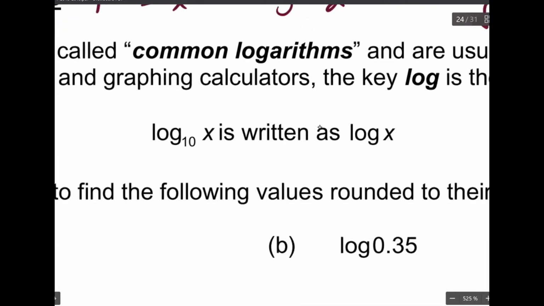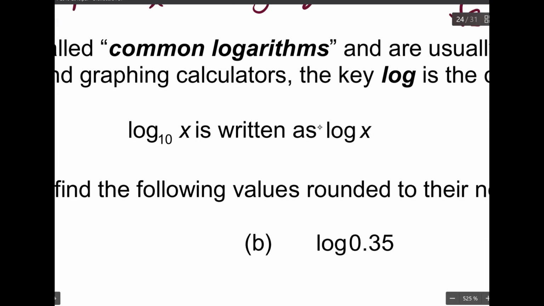So log base 10 of x is written as log x. Oh my god, where'd the base go? Oh, it's gone because it's the common one. What's an example of something that's common that we don't even think about? We don't write it. Do we have an example from real life? No? Here's an example. Everyone knows your left and right. So on the count of 3, everyone raise your left hand. 1, 2, 3, left.